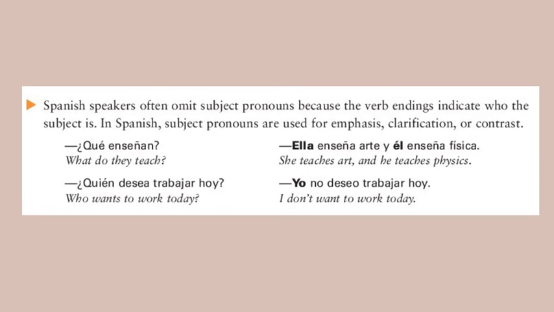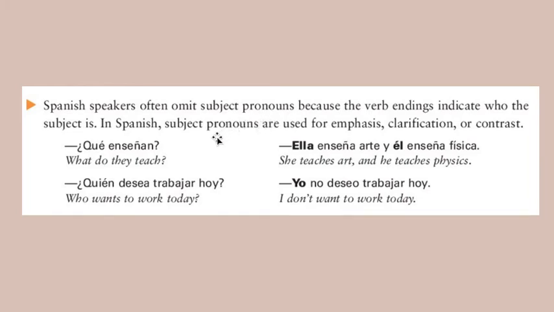Spanish speakers often omit subject pronouns because the verb endings indicate who the subject is. In Spanish, subject pronouns are used for emphasis, clarification, or contrast. For example, ¿qué enseñan? What do they teach? I know that the form of the verb is in the they because I can look at the ending and notice that an corresponds to ellos, and without hearing the word ellos, know that they're talking about they. ¿Qué enseñan?